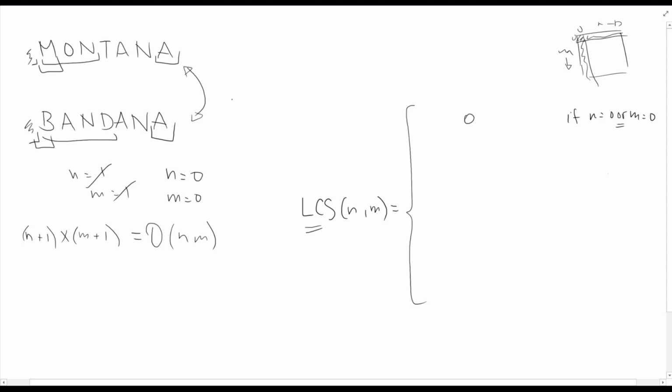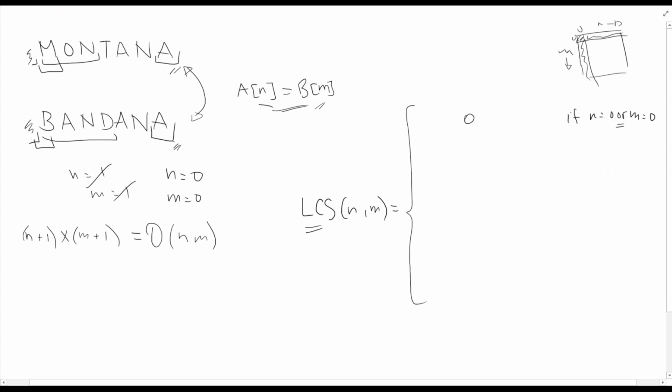This is something important for us to check. We want to make a comparison between our two last characters. I should be careful here: this should be a sub n and b sub m. That's this a and this a, and they're equal to each other. So we're going to consider this case.